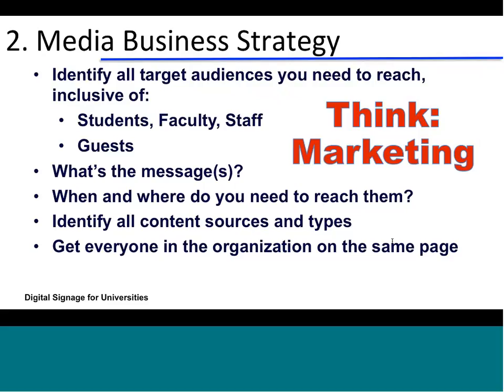And then, of course, you need to identify all sources of content, all types of content that you may use. That would be content that you would create yourself on an institutional or departmental basis. It would be third-party content that you may bring in, whether it's entertainment or information. That could be content from a cable TV or satellite television source, third-party content, consumer-based content.